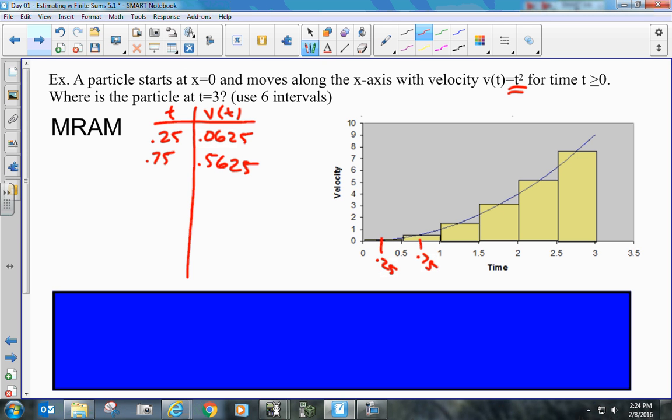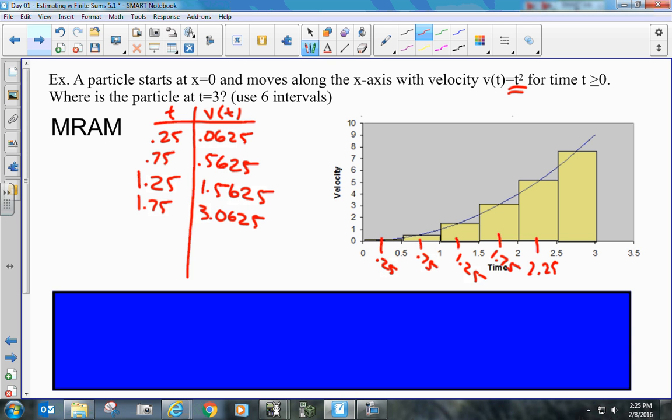What about here? 1.25. What happens when I square that? What is here? 1.75. What happens when I square that? 3.0625. Here is 2.25.